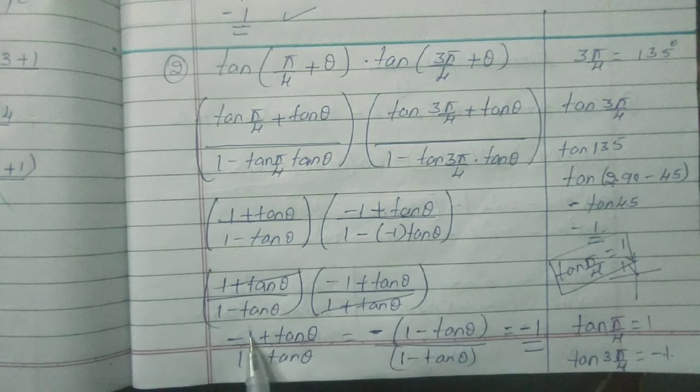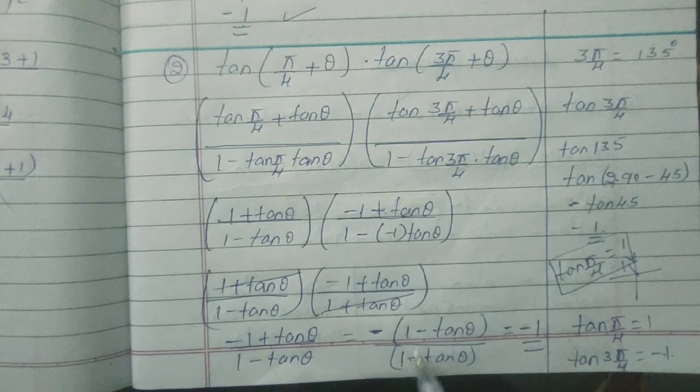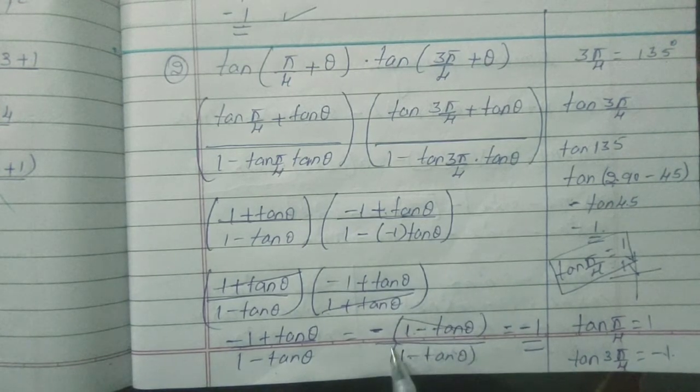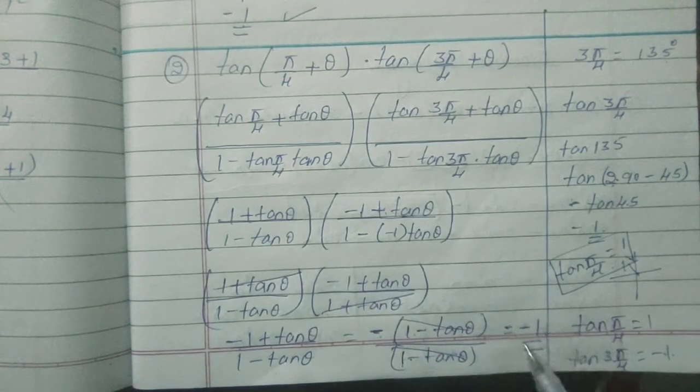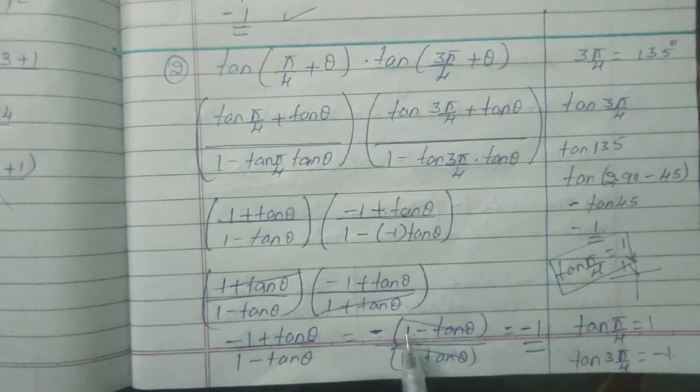Minus into 1 is minus 1, minus into minus is plus tan theta. So 1 minus tan theta and 1 minus tan theta both get cancelled, remaining minus 1. Here I took minus 1 common in these two, remaining 1 minus tan theta. Numerator 1 minus tan theta, denominator 1 minus tan theta get cancelled. The answer is minus 1.